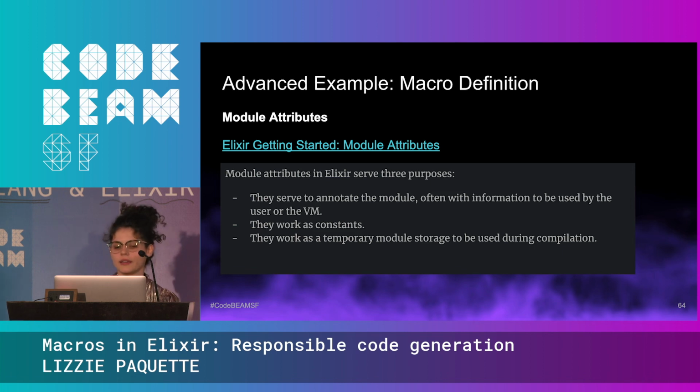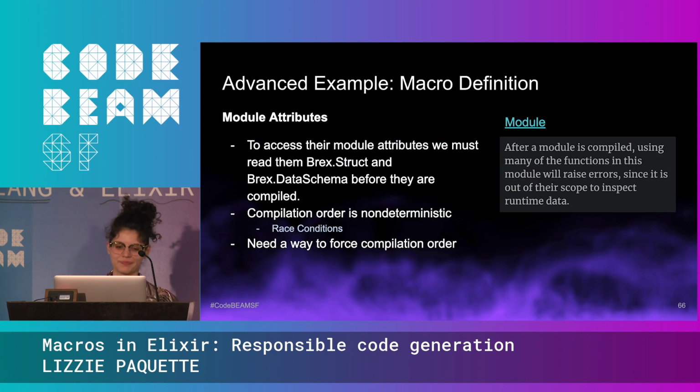A key feature that we needed to understand were module attributes. So in the Getting Started guide, it says module attributes in Elixir serve 3 purposes: to annotate the module, to work as constants, and to work as temporary module storage to be used during compilation. That's what we're using module attributes for in this meta macro definition.